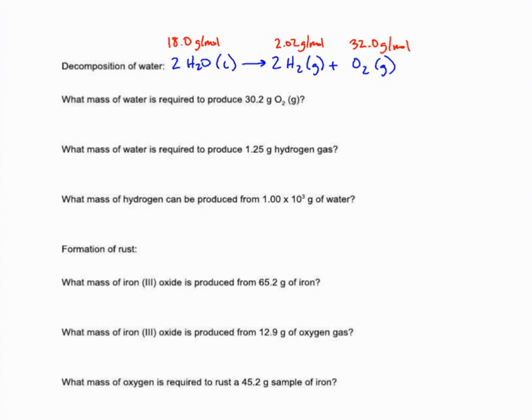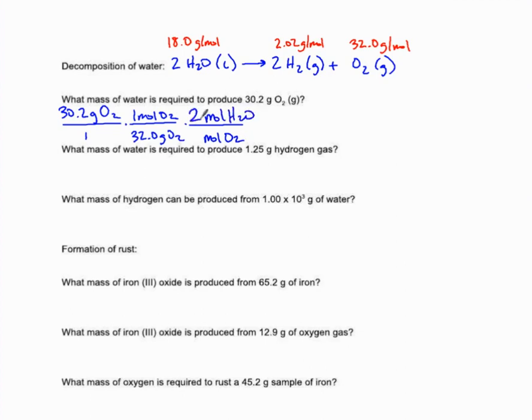So what mass of water is required to produce 30.2 grams of oxygen gas? Remember the first step. We have to convert it to moles. So there are 32 grams of oxygen in 1 mole of oxygen. Now we're in moles. We are ready for the mole ratio. So we're comparing moles of oxygen with water.